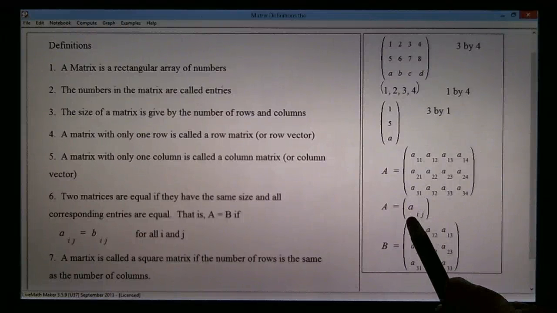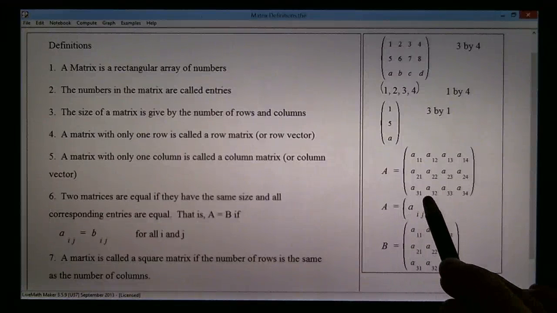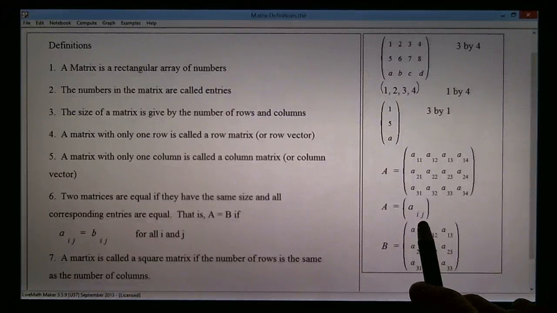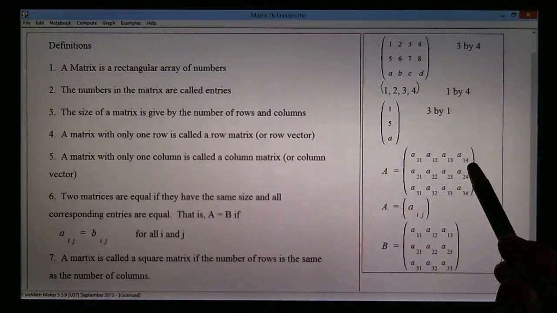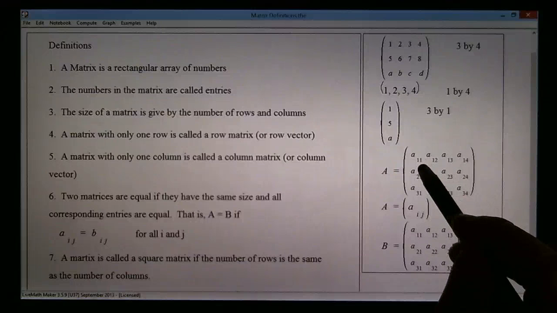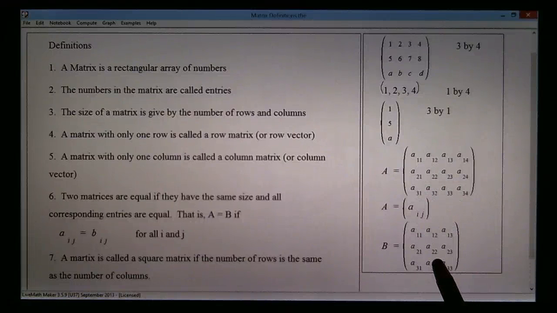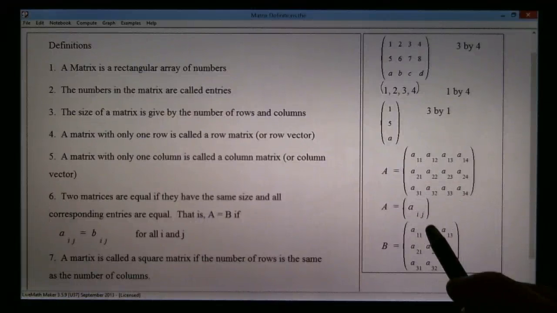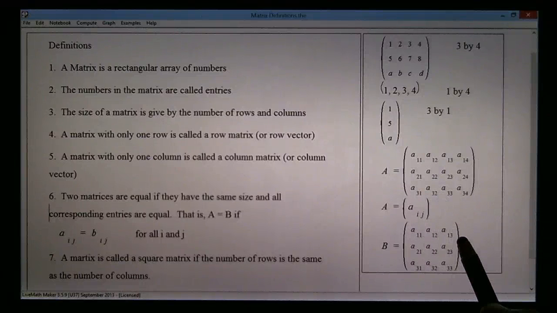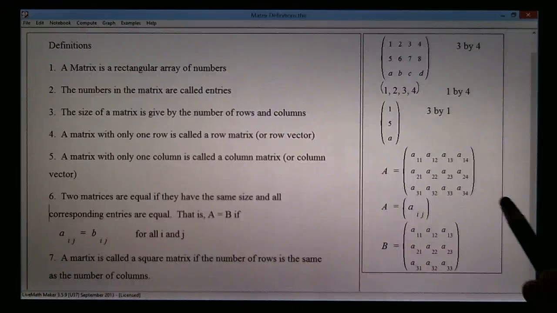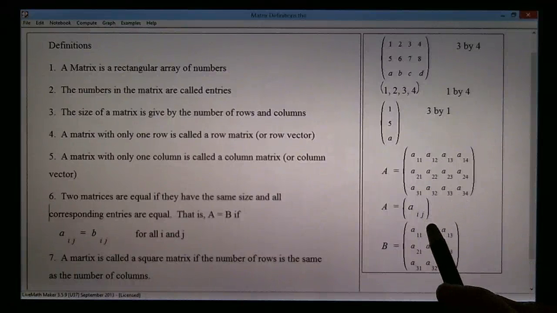Sometimes we shorten all of this by just saying A equals, in parentheses, a sub ij, where we may know that i is running between 1 and 4, and j is running between 1 and 3. Sorry, I have that backwards, rows and columns. So the i is between 1 and 3 here, and j is between 1 and 4. So different size matrices would have different limits on what i and j can be. But this is the way we notate it.